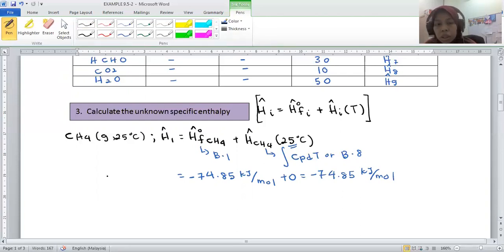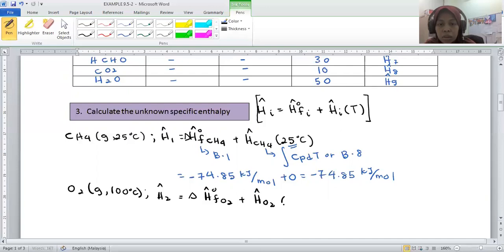Now we move to the next substance, which is oxygen. For oxygen gas, the temperature in given just now is 100. For H2, similar, forgot the delta: delta Hf standard for oxygen plus the enthalpy of oxygen at temperature 100. For this one, you need to refer to Table B1.